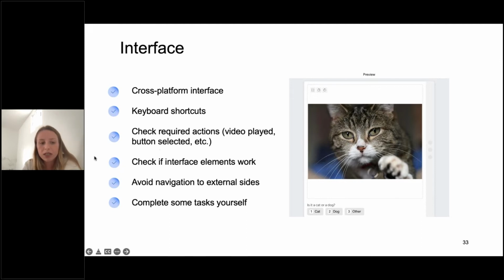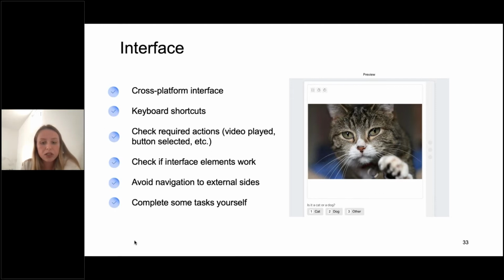It's also a good idea to check if the required actions have been completed. So if somehow your data labeling requires that something was played, you should check if this video was played. If you need someone to select buttons, you should check this as well if some of them were selected. I think maybe it's not needed to say, but you always should check if your interface, all elements work.